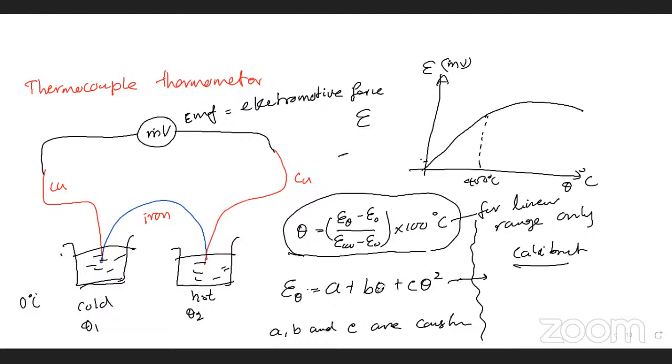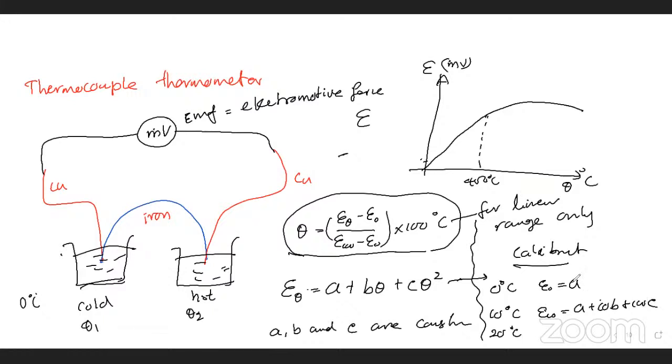We put it at three different known temperatures: one is 0 Celsius, and I take 10 and 20. At 0, theta is 0, so E0 equals A, let's say 8. Then another equation at 10 Celsius: E10 equals A plus 10B plus 100C.